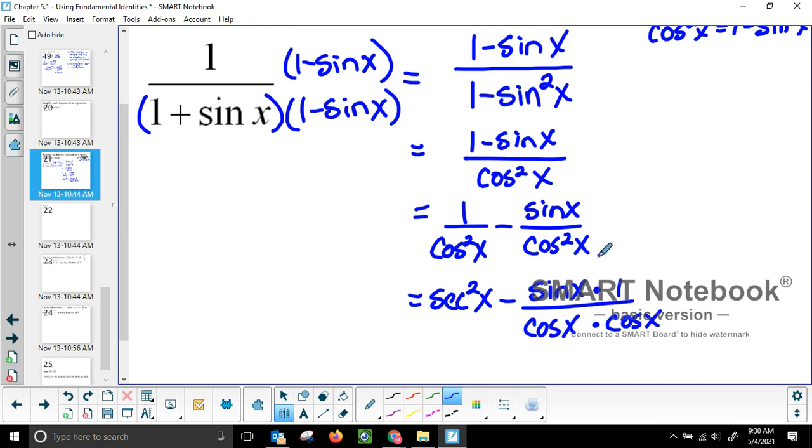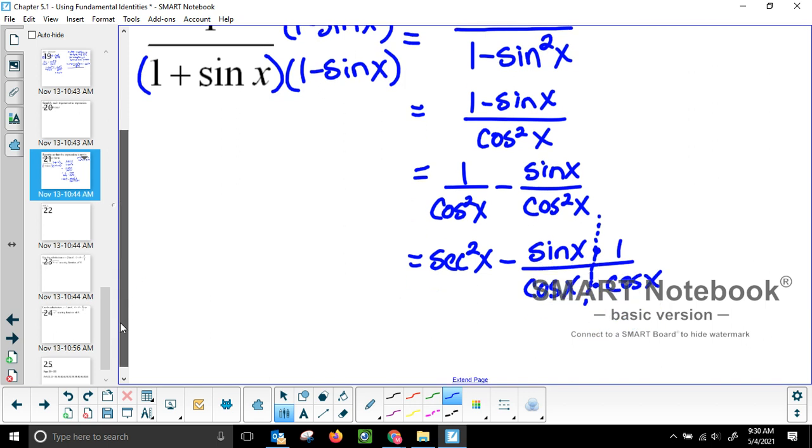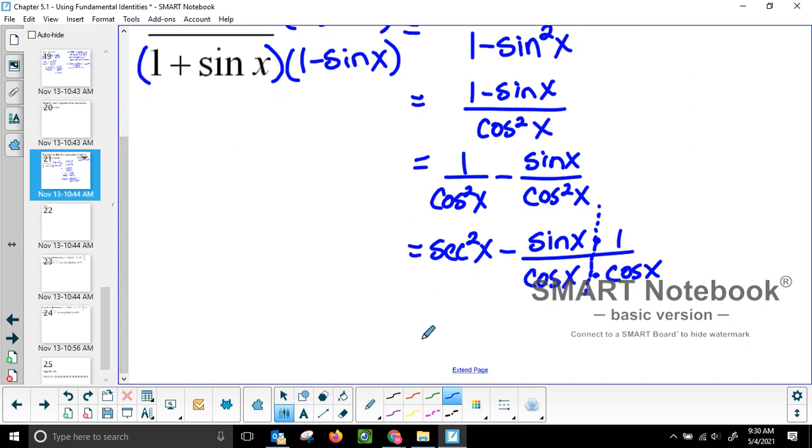Now I can think of these as two separate pieces. What is sine x over cosine x? Tan x, absolutely. And what is 1 over cosine x?